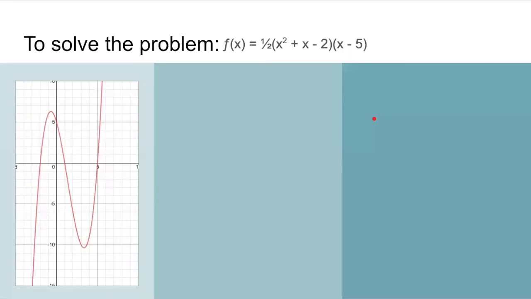We're going to try another practice problem, this function right here. First things first, we know that the degree is 3 because the highest degree in this term is 2, and the highest degree in this term is 1, and we add those together to get 3. And the leading coefficient is positive, so we know that the behavior here will be positive odd because 3 is odd.